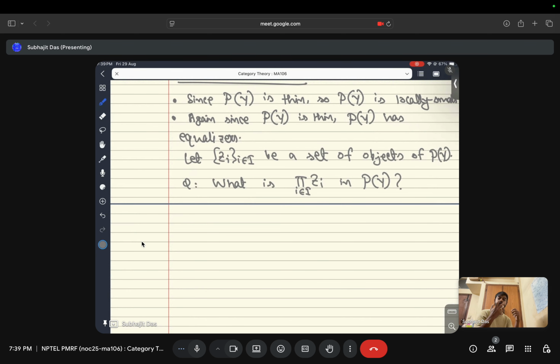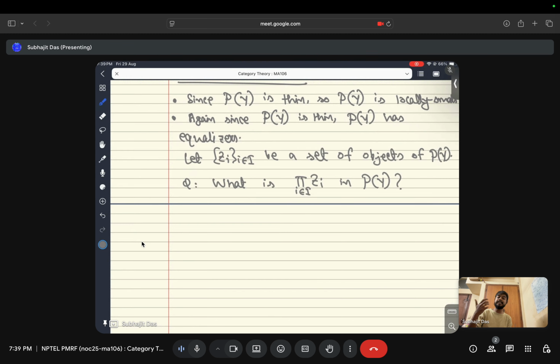So if you take an arbitrary subset A of Y together with arrows A to zj for every j, by which I mean that A is contained in zj, then there should exist a unique arrow from A to the product of zi's such that the small triangles commute, which they actually do because the category is thin.